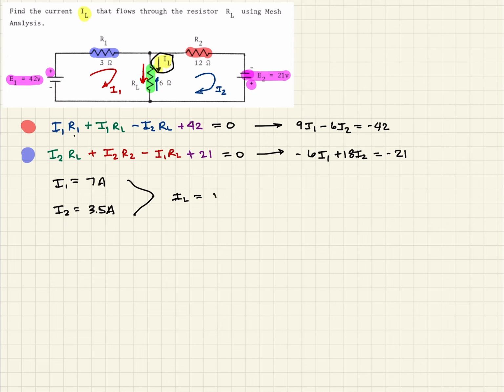So it's going to be I1 minus I2. In this case, that's going to be 7 minus 3.5, which will be 3.5 amps. So the current flowing through the resistor RL, which is the current IL, would be 3.5 amps.